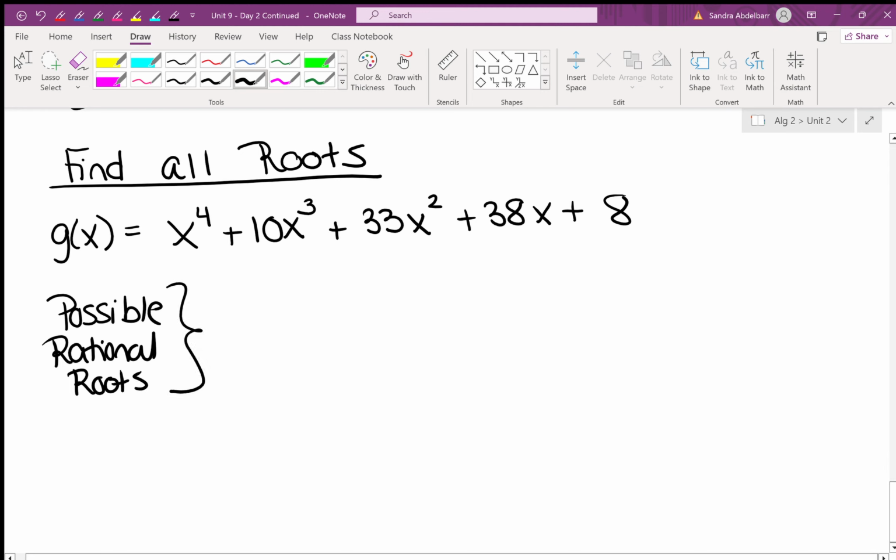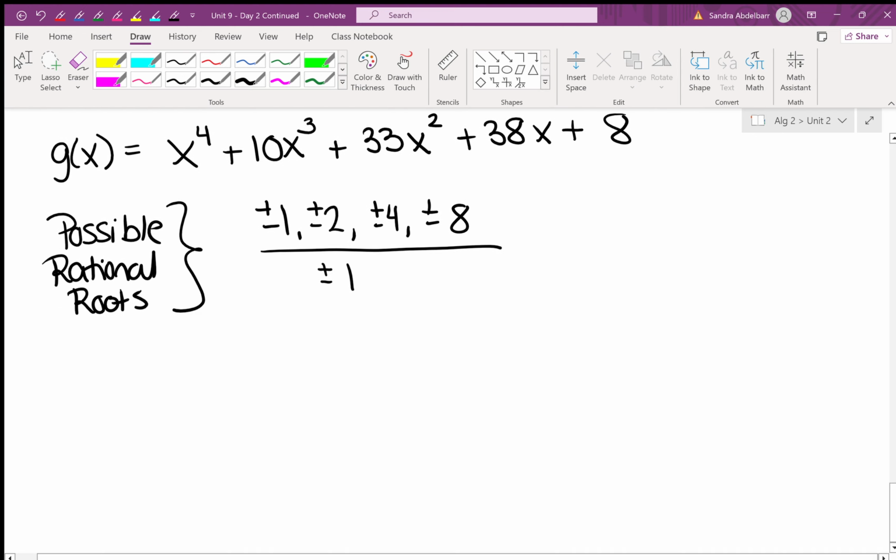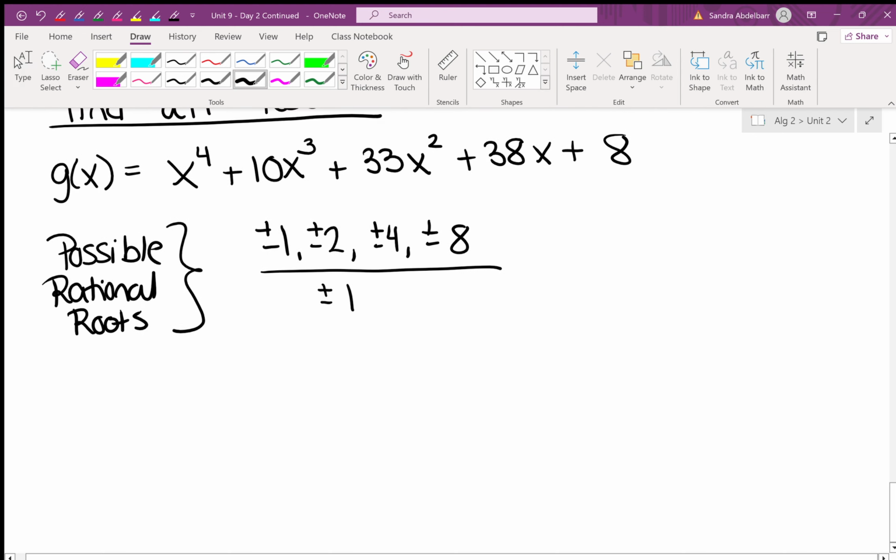We are going to have the factors of the constant, plus or minus 1, plus or minus 8, plus or minus 2, plus or minus 4, over the factors of the leading coefficient. Once again, I was kind. The leading coefficient is 1. I won't always be kind. So let's list our possible rational roots: plus or minus 1, plus or minus 2, plus or minus 4, plus or minus 8.